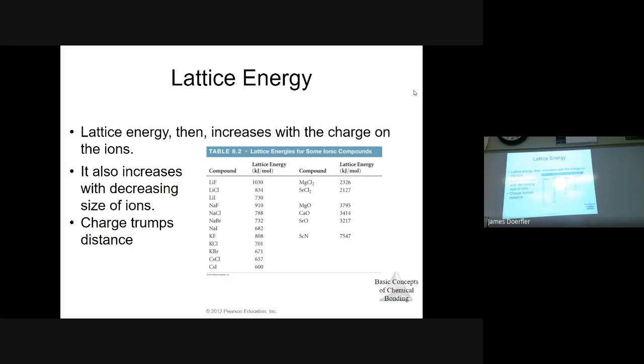So first, lattice energy increases with the charge on the ions. Basically, what that statement is saying is the bigger the charge is on the ions, the bigger the lattice energy.